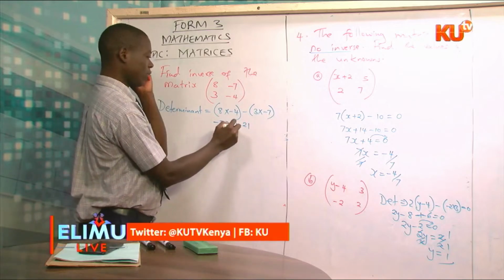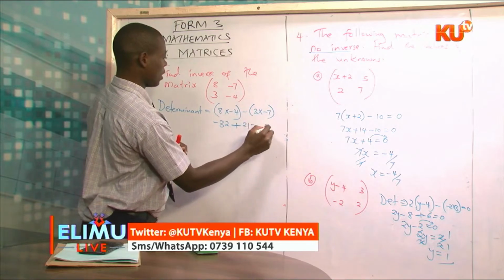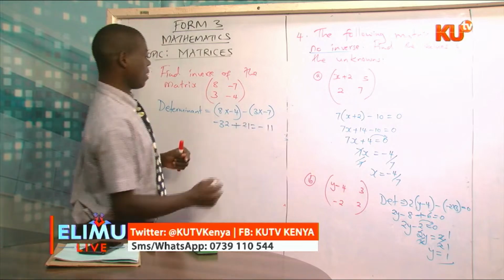Negative, negative turns to positive, and therefore this is negative 31. So this is negative 11, negative 11.